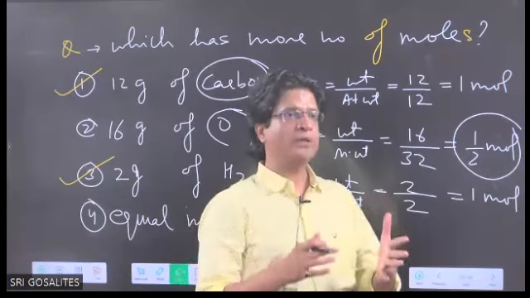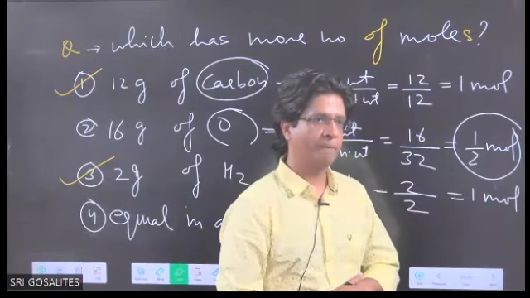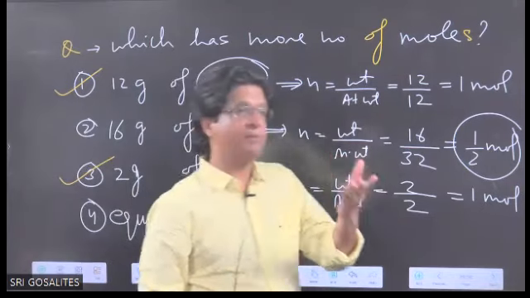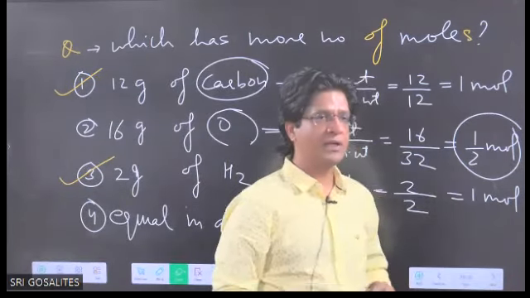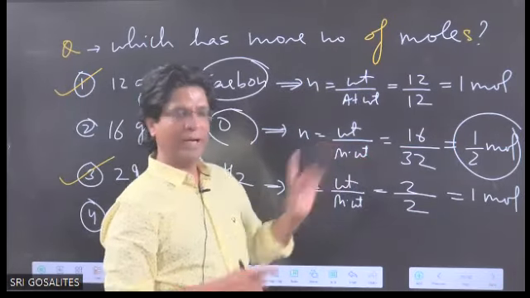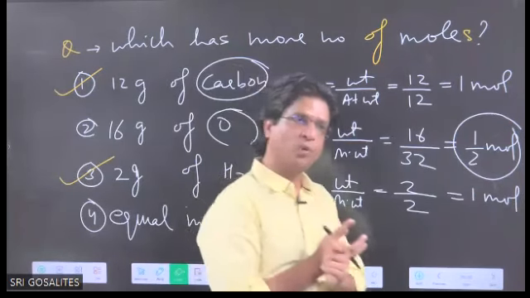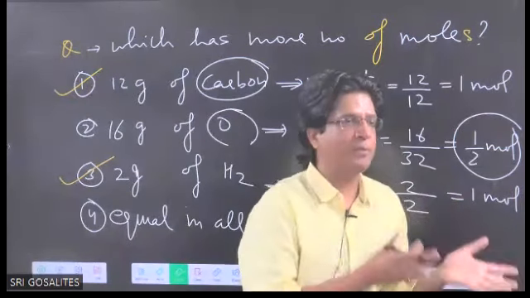Now tell me one thing, what have you guys learned today? Like you might be having some small doubts from the 9th and 10th class. Is it now completely okay? You're getting the confidence? Very good. Atomic weight, molecular weight is now clear. How to find number of moles, is it clear?